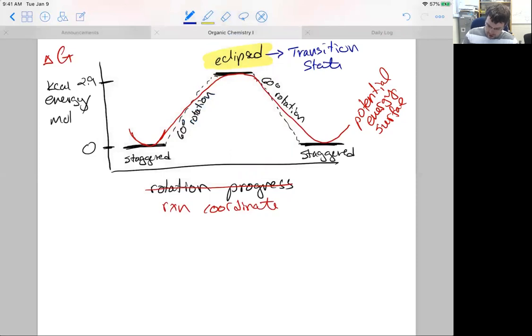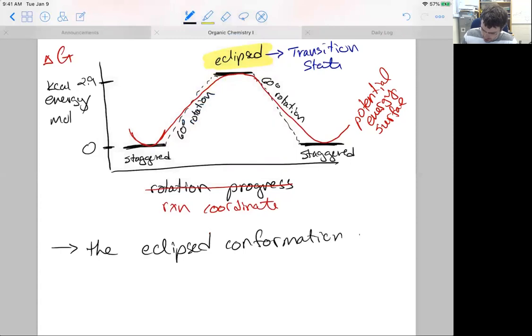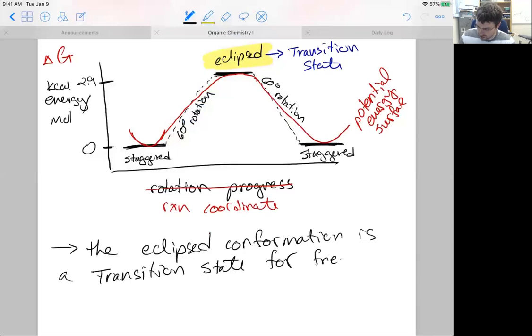So the eclipsed conformation is a transition state for some sort of chemical process. What is that chemical process? Well, it's free rotation over a sigma bond. That's kind of interesting. We can plot this all energetically, and we can understand it using Newman projections.